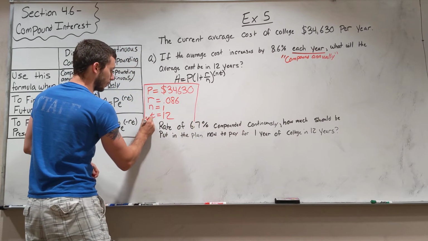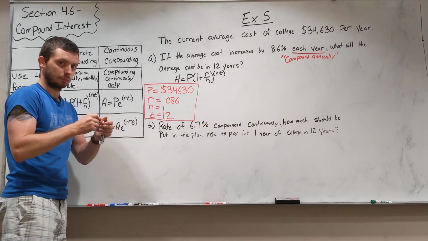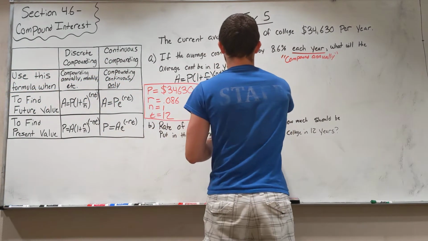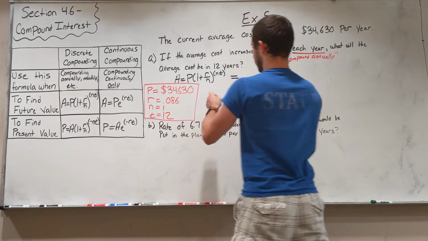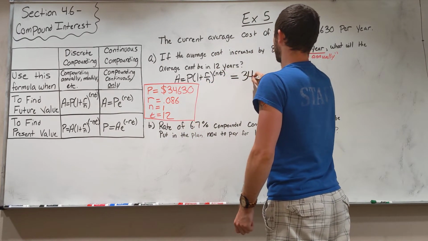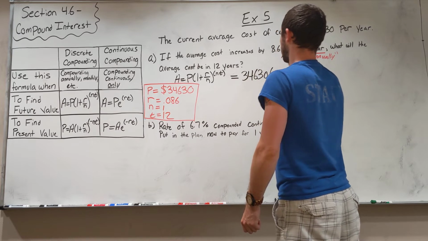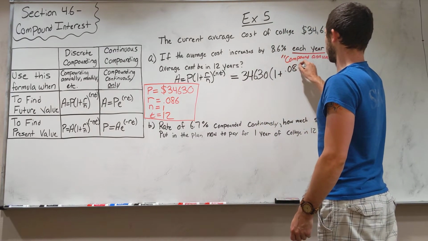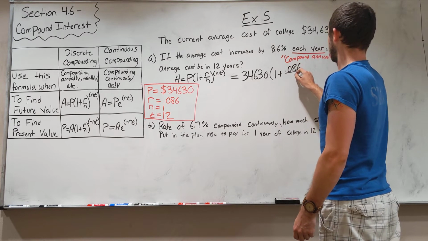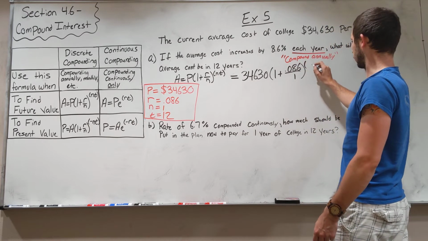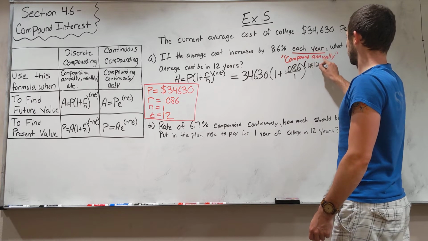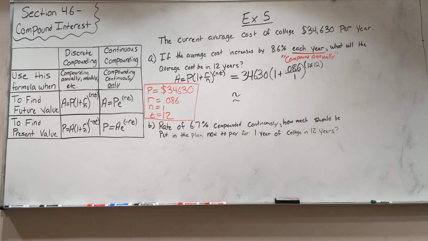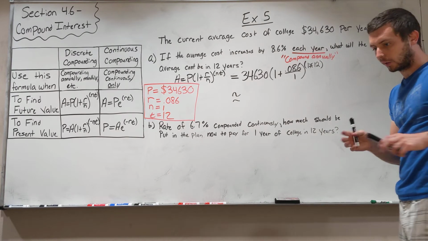So now that we have all of this, we can go ahead and plug in everything and solve for A as we've done before. So that is 34630 parentheses 1 plus 0.086 divided by 1. All of that raised to the 1 times 12. And fortunate for us, it's just a calculator problem. We don't have to isolate anything.